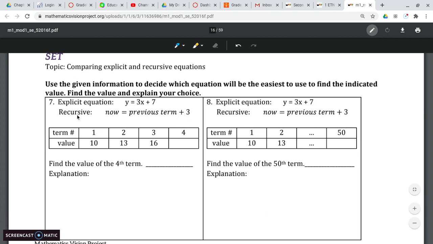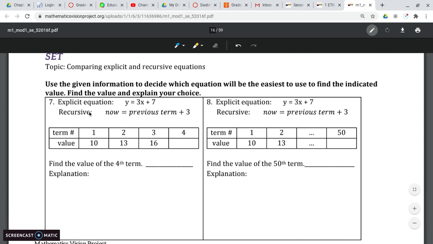So basically, recursive is always going to use your current number equals your previous number, either times something, subtracted by something, added to something along those lines. So it uses the pattern that we talked about before. It really uses that to help you find your next term.